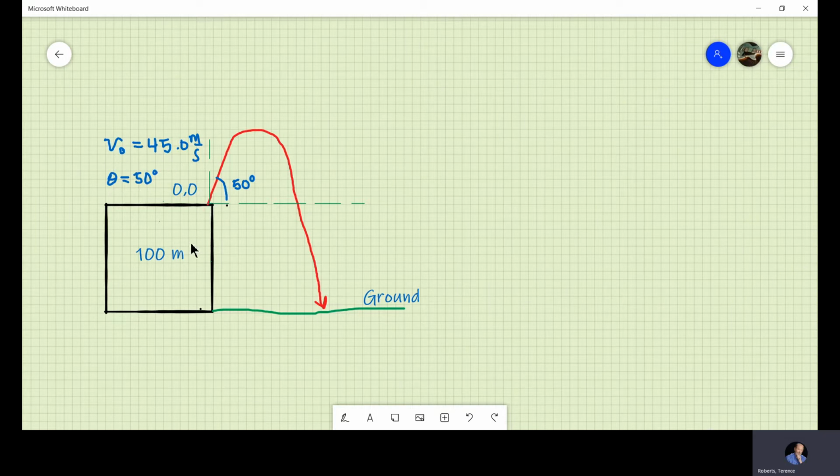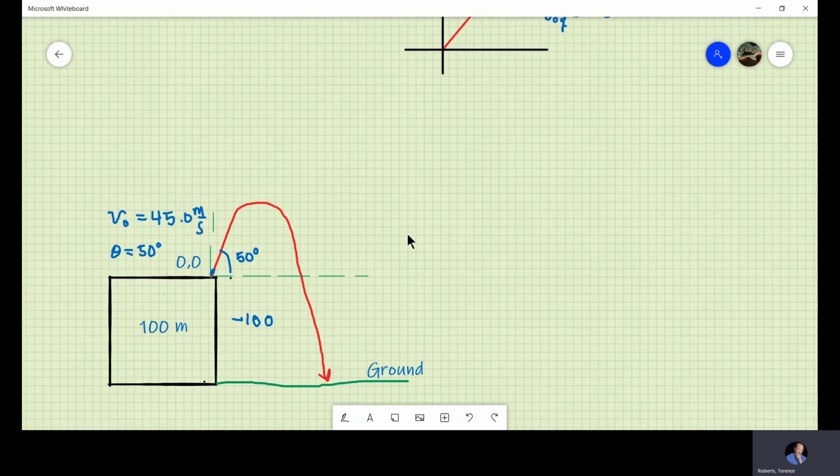Now, one thing should be noted before we start: this is the y-axis, this is the x, and this is the point of launch right there. Let me put down for the y equivalent, this would actually be negative 100, where this would be 0 right here.